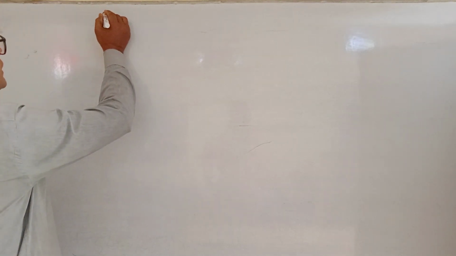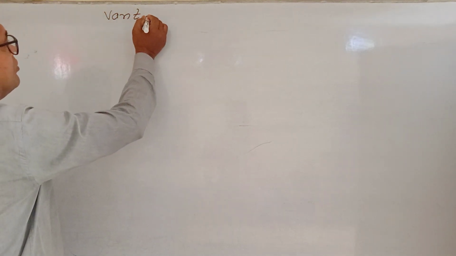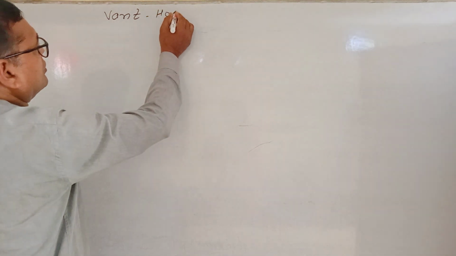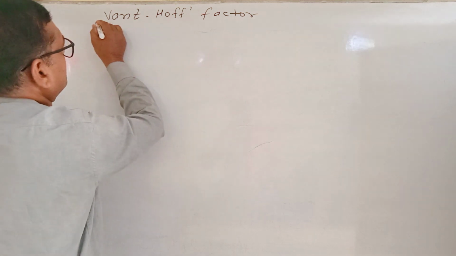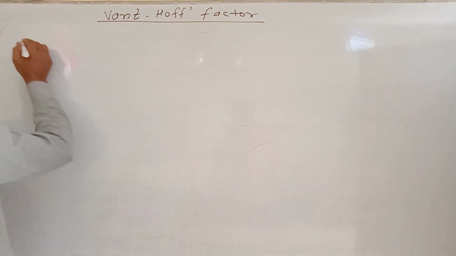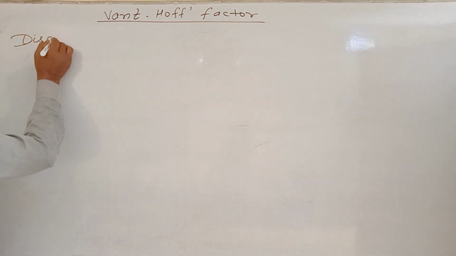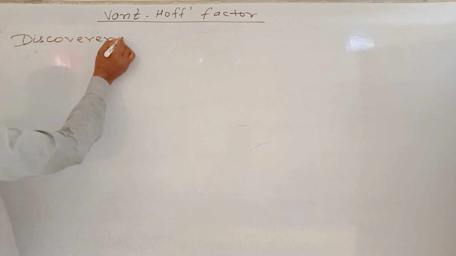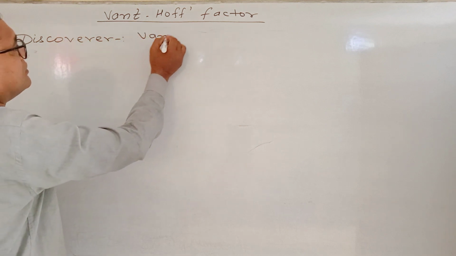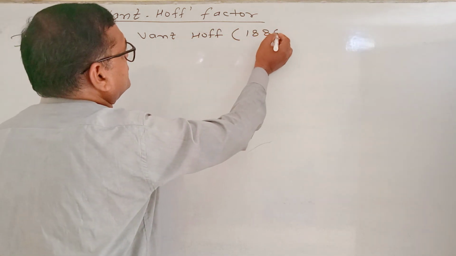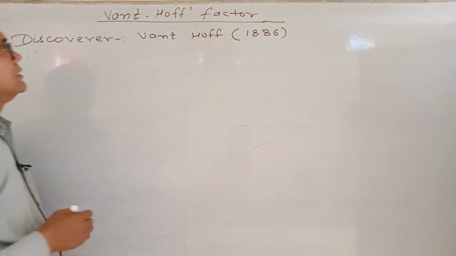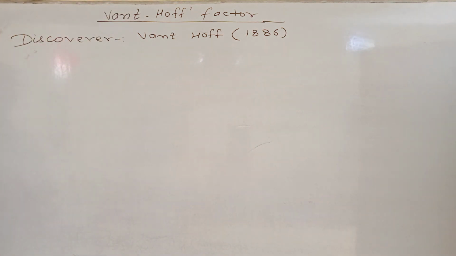We write here: van't Hoff factor, discoverer van't Hoff, 1886. It is a very important factor and a very important topic for objective questions.